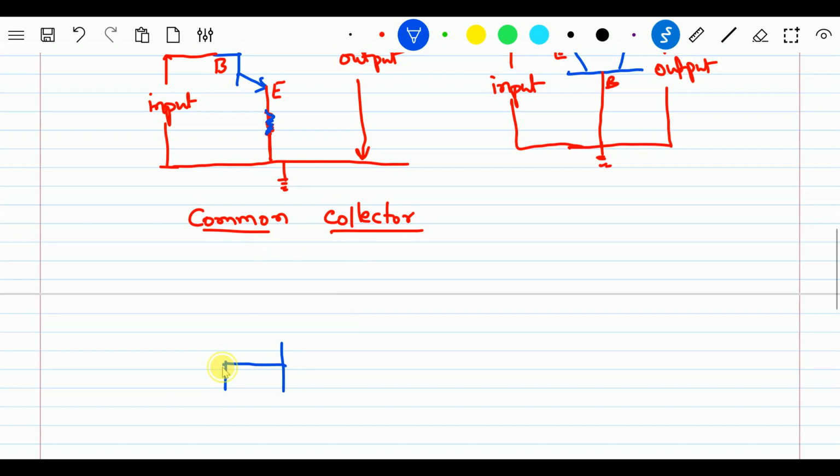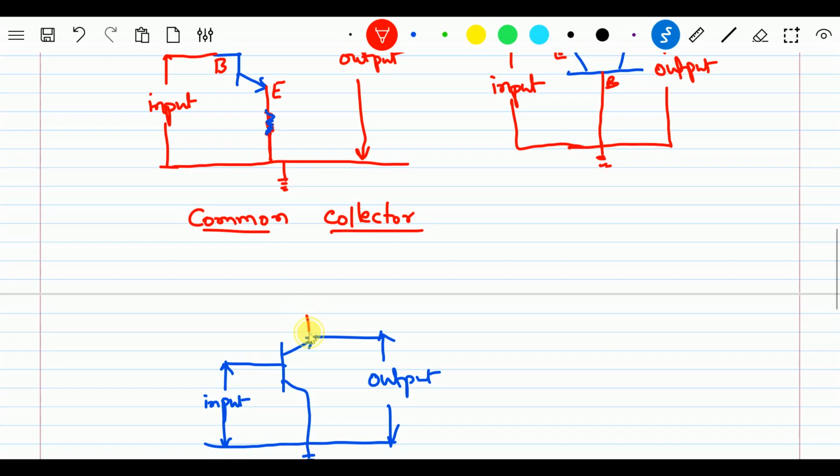The output is now taken across the emitter. So the collector is given directly to ground, whereas the base is where the input is given. This is common collector.